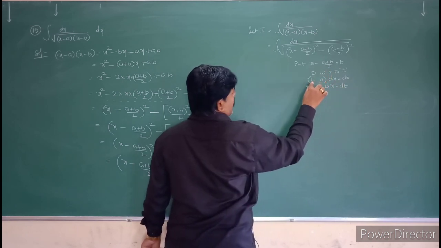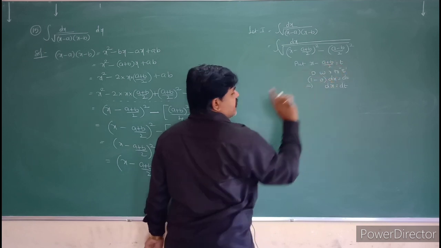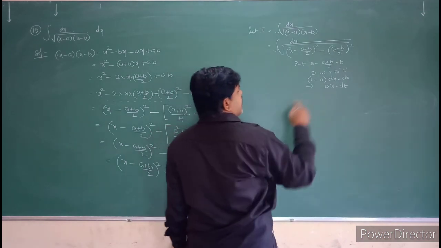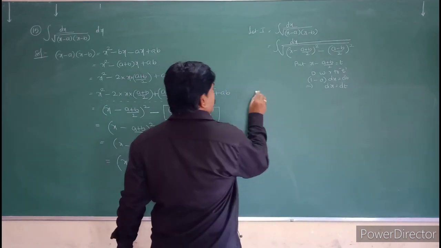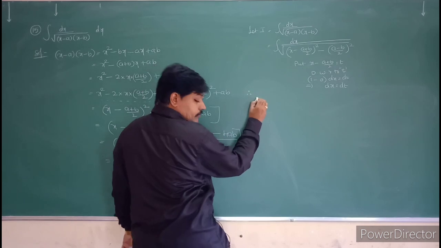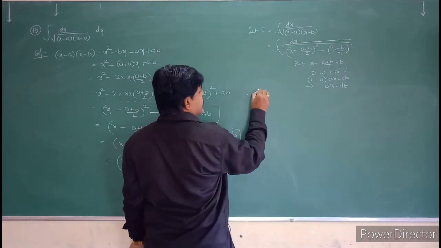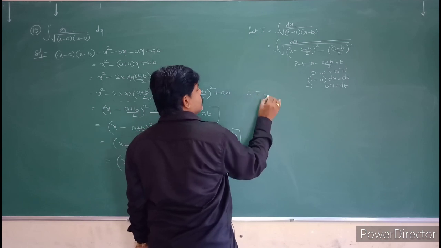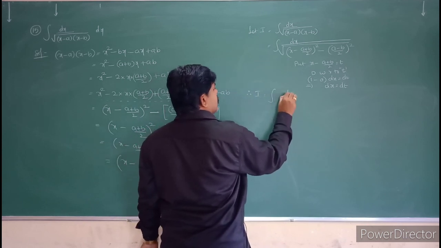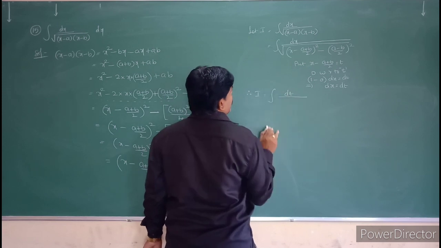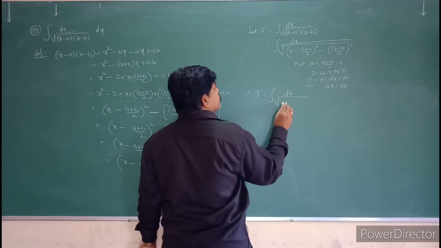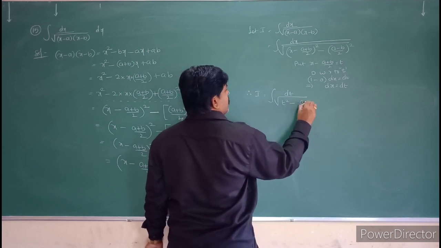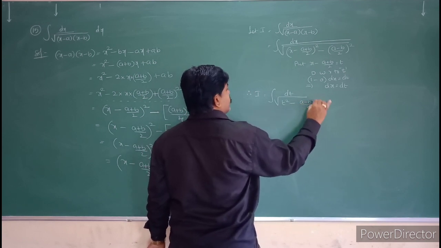The derivative of x is 1 and the derivative of (a plus b)/2 is 0, so dx becomes dt. Therefore I is equal to the integral of dt by root of t square minus ((a minus b)/2) whole square.